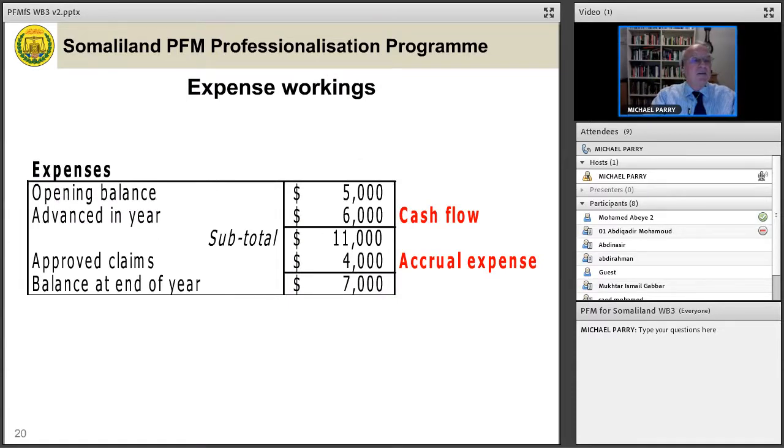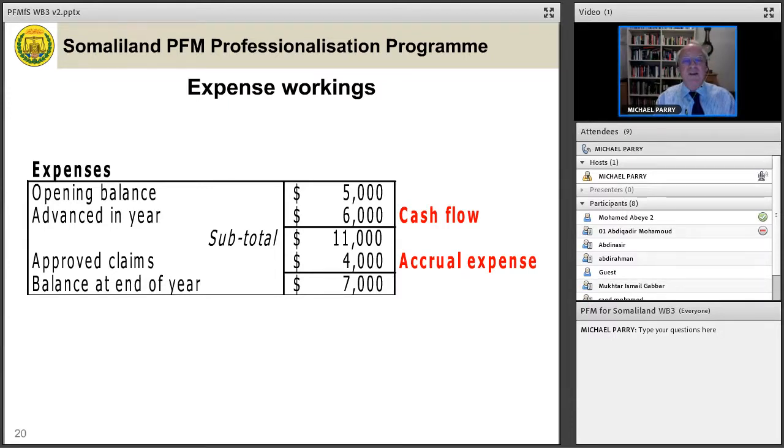Let's look at these advances in a bit more detail. These expense advances, you started off with an opening balance of 5,000. You advanced 6,000 in the year, that's your cash flow, giving a subtotal of 11,000. You approved claims of 4,000 in the year, that's your accrual expenses, which we show on the modified cash basis.